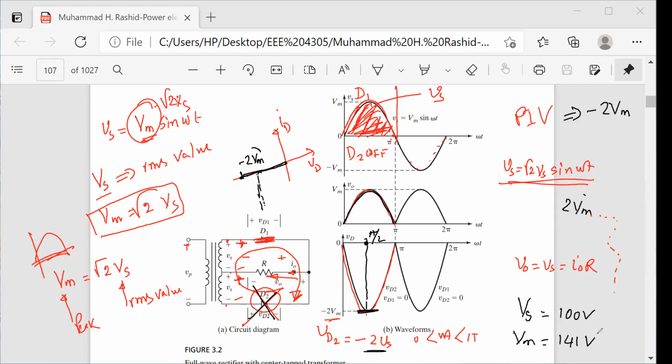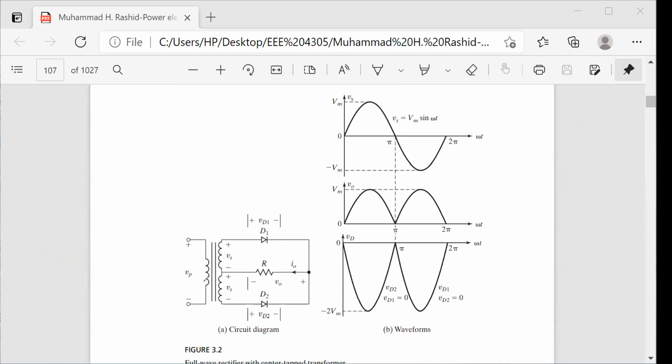Now, when your input voltage is negative, it has changed its direction here also. This is negative, this is positive, this is negative, and this is positive. So what will be the biasing condition here?